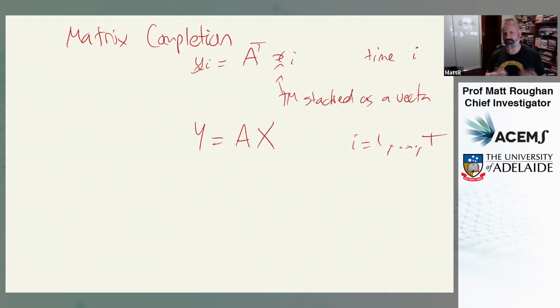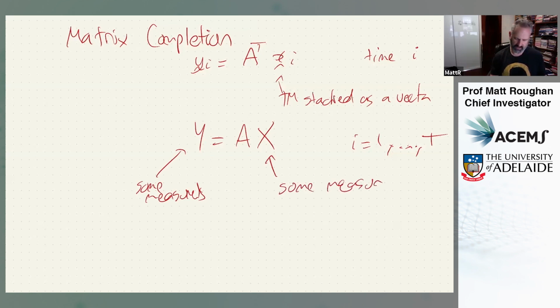Now, one of the things we can do is imagine that we have some measurements of this and some measurements of this x.